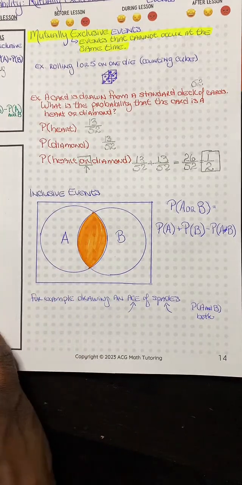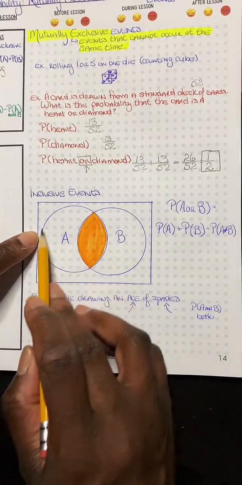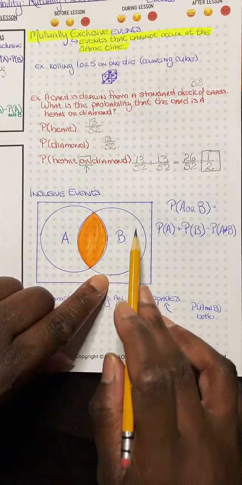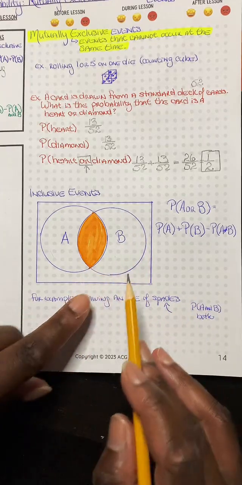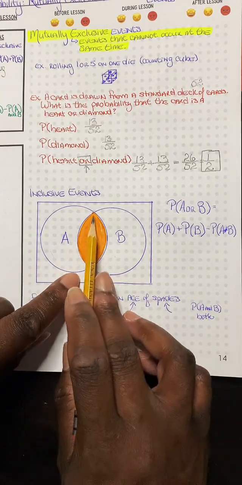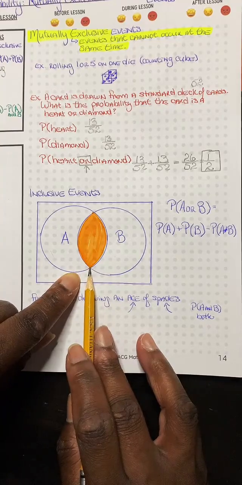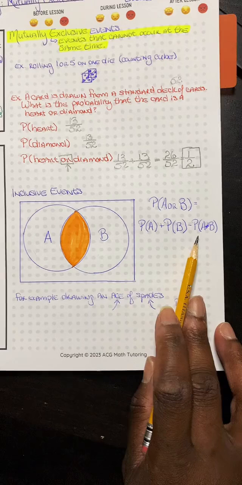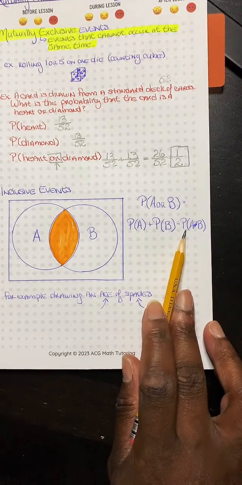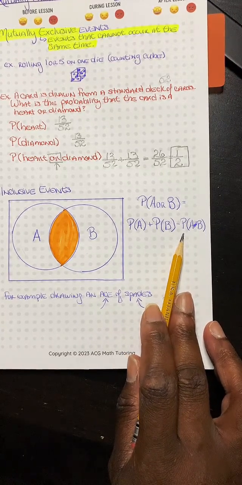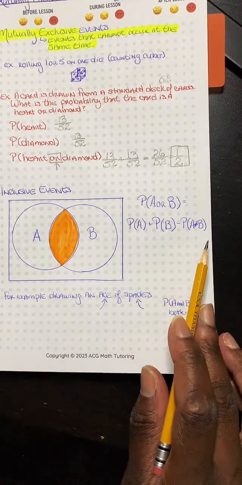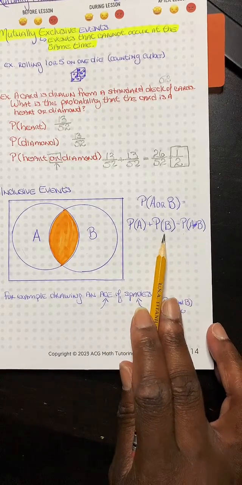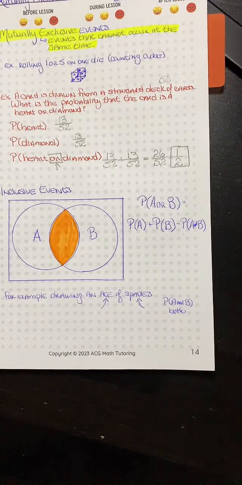So we have things that are in event A. We have things that are in event B. But then, as you can see, it overlaps. So since there's some overlapping, we have to subtract that away. Now, sometimes it seems like I'm subtracting the same thing and my answer is just the probability of B. I'm going to show you what I'm talking about in a second.